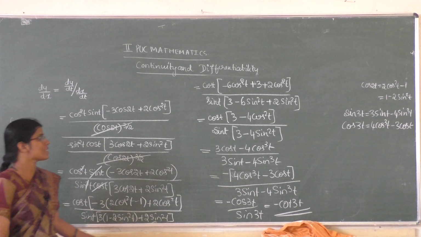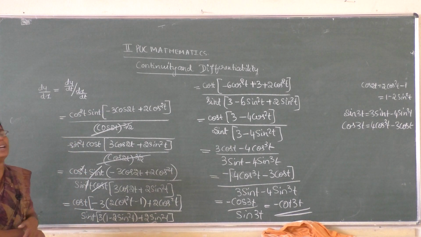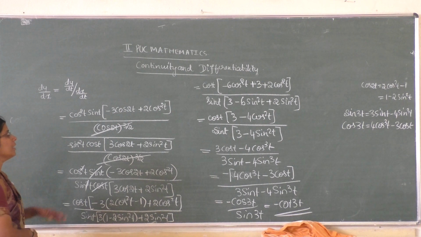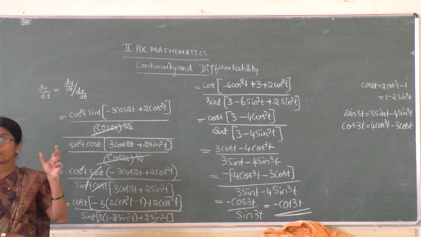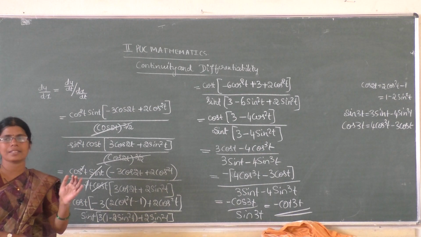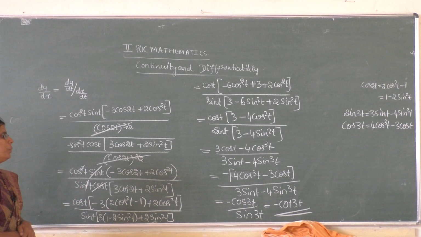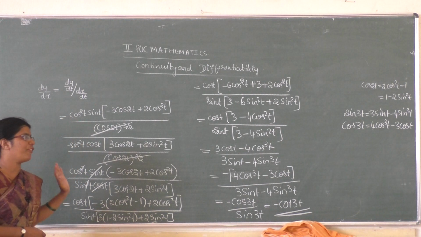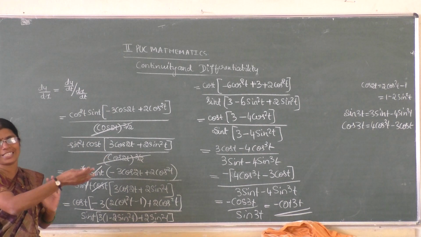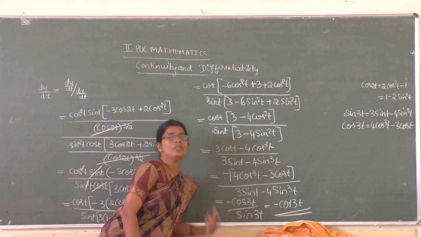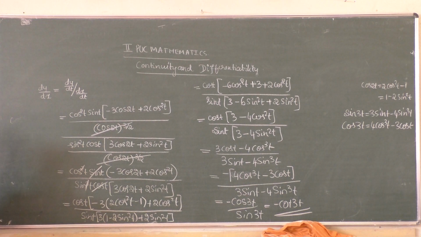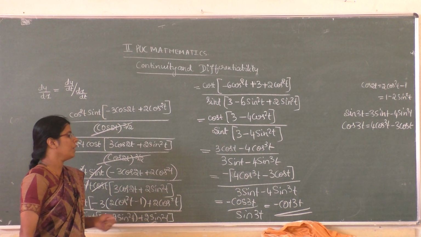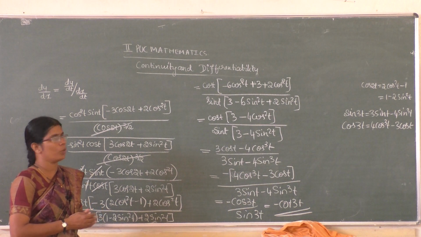This is how we solved for x equal to cos cube t by root cos 2t, and y equal to sin cube t by root cos 2t. The differentiation is a lengthy process, but what a simple term we get as the final answer. So this is how we get the derivative of the above function.